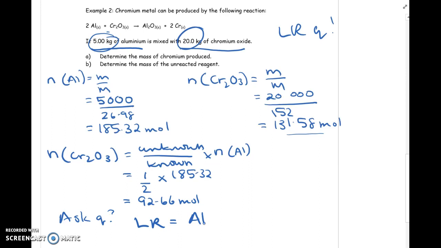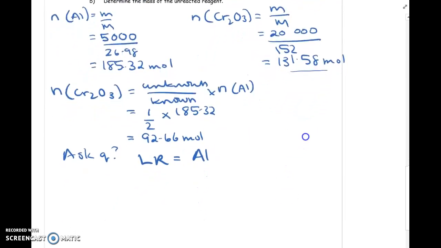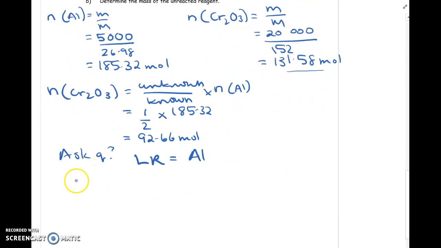So aluminium now becomes our known, and we're being asked to find the mass of the chromium produced, so that will be our unknown. So we're going to use our balanced chemical equation again. The number of moles of chromium will equal the unknown over the known times the moles of the aluminium, because that is the limiting reagent.